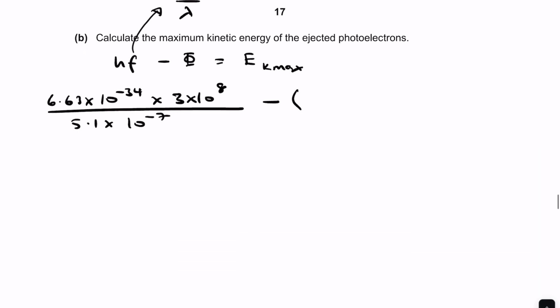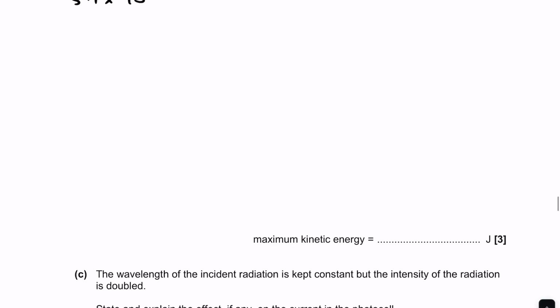We must convert this into joules, so multiply by this term, and put it in the calculator, and you'll end up getting 2.2 times 10 to the minus 20 joules.